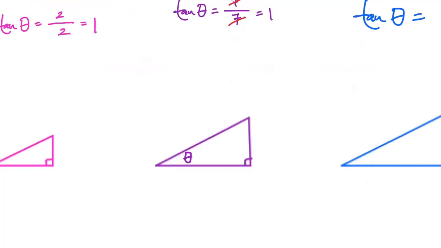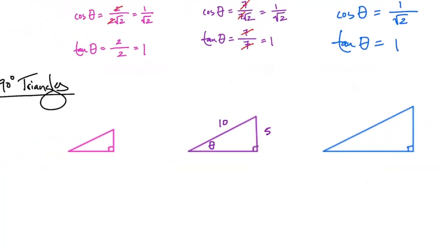And let's say the side opposite this theta has a side length of 5. And it turns out that the hypotenuse here is actually 10. I'm wondering if you can go ahead and find the side length that we don't know.